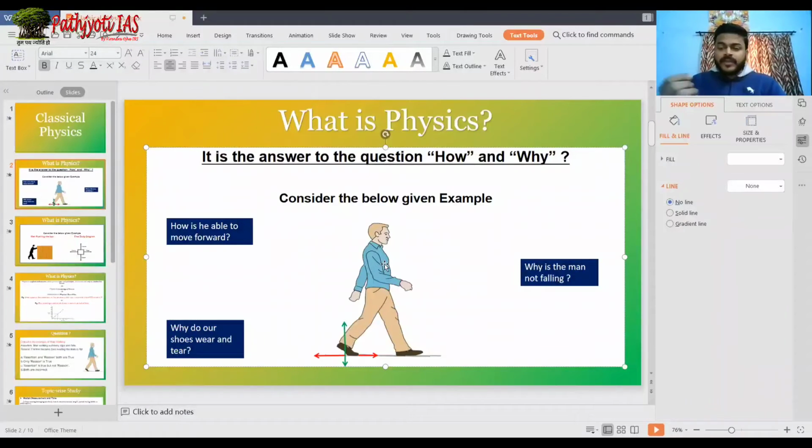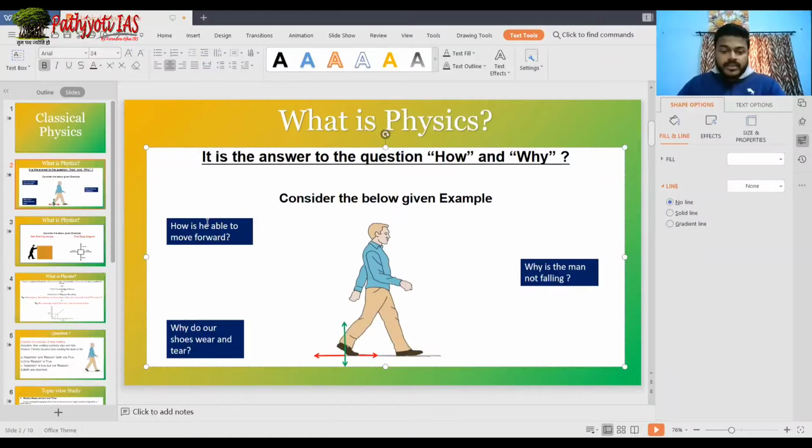So we have named this force friction for now, but we will not deep dive into the concept. We will be covering this later. So the first answer is that he is exerting a force. Woh zameen pe ek force laga raha hai, and due to that force, he is able to move forward. And the earth, the ground on which he is walking, is also exerting a force onto the feet of the person. Friction always acts opposite to the force.